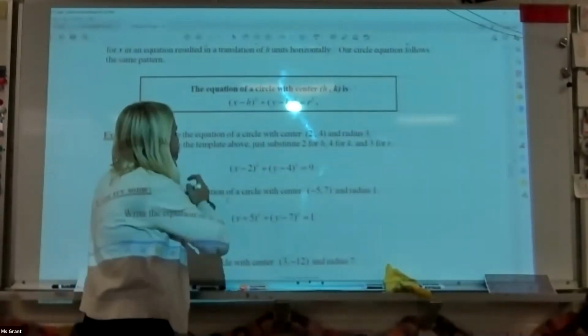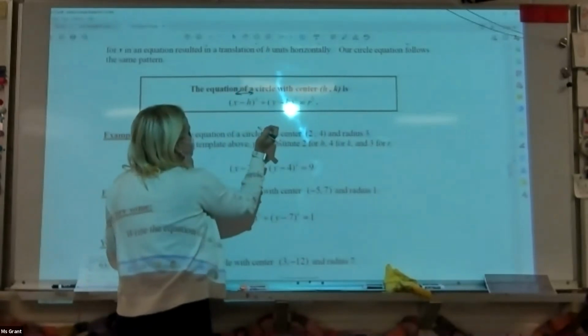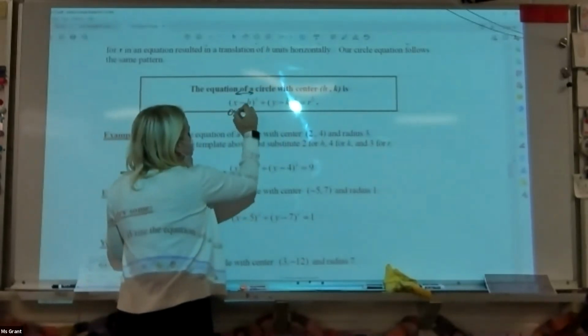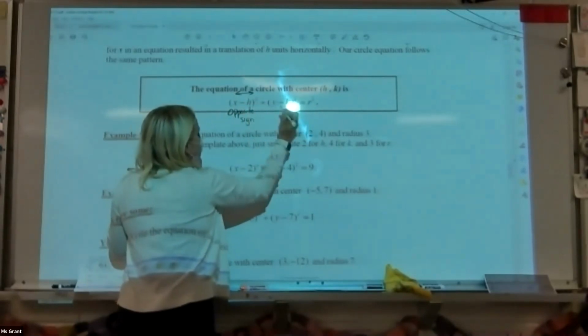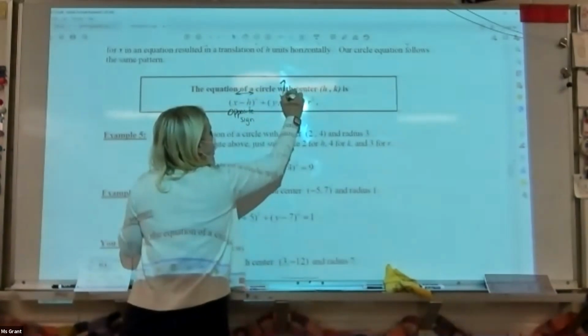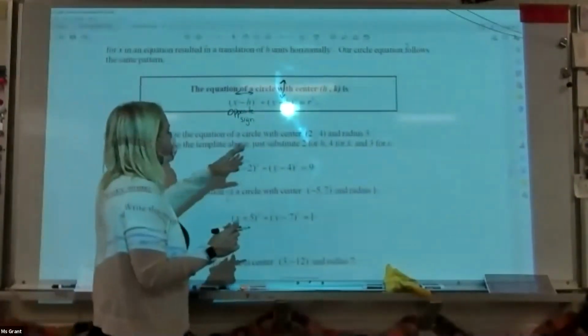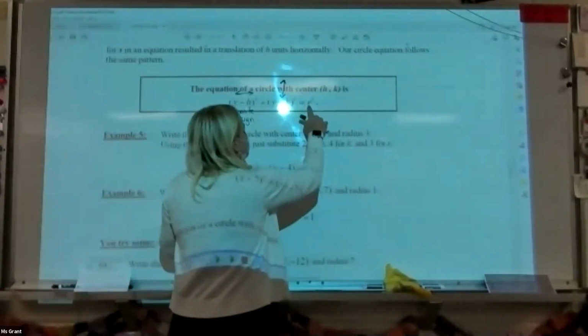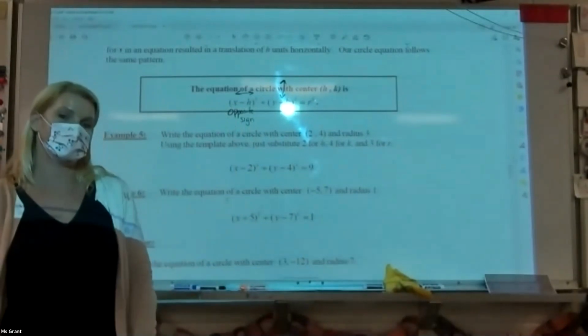However, remember how my h is my horizontal movement? So this is going to be the opposite sign. This k tells me that I go up and down. That's why it's connected with the y. And that's also the opposite sign. My r squared is my radius squared. Very similar to yesterday, but I'm putting in an h and a k.